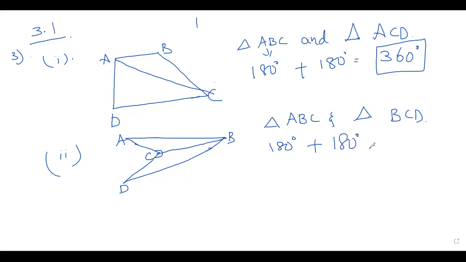Here also we are getting 360 degree. Okay, children, whether it is concave or convex, the sum will be 360 degree. Okay, the sum of all the angles of a quadrilateral is 360 degree.